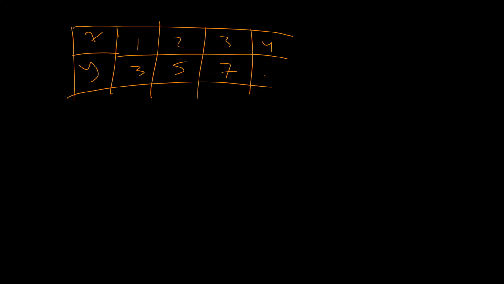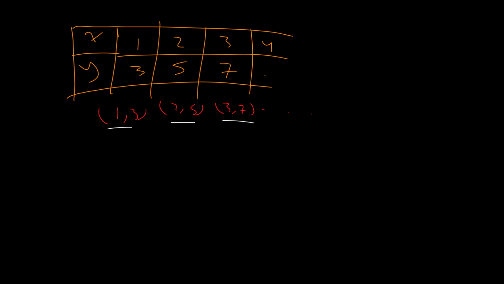For this example, I can write 1 and 3, then 2 and 5, and 3 and 7, right? And so on. These are, of course, relations of x and y. But now, is it a function or not?